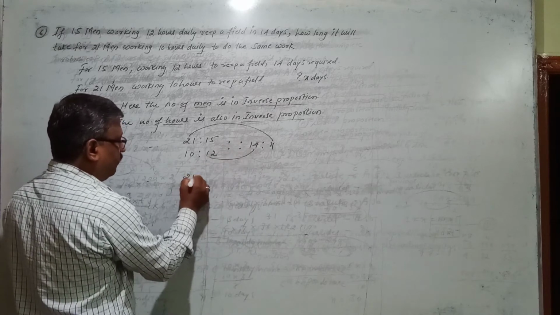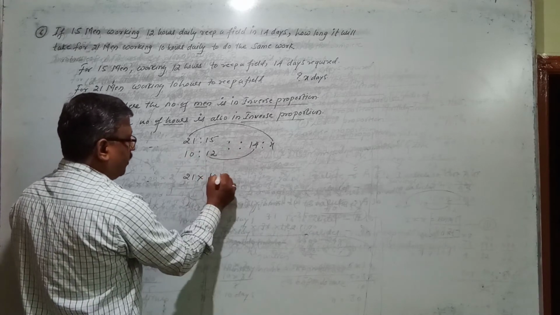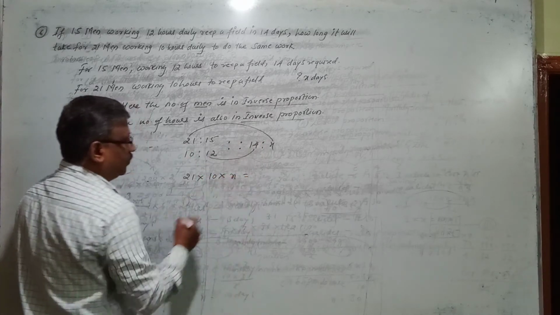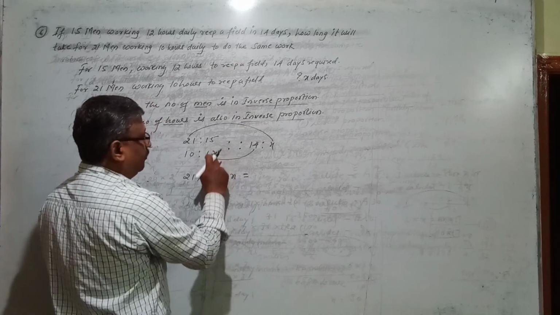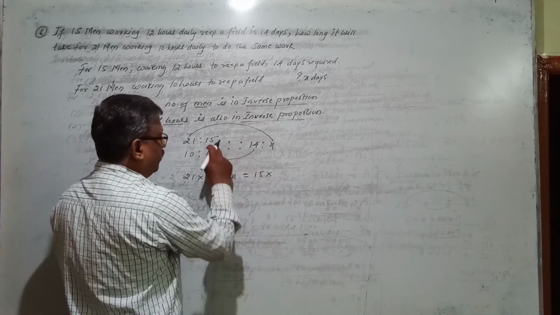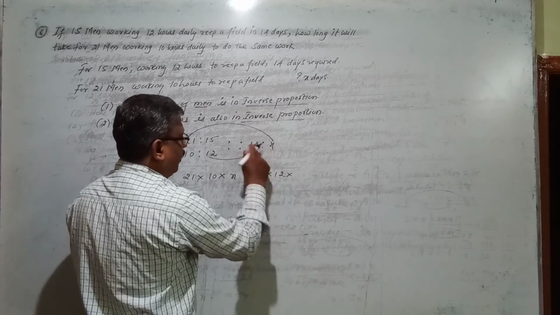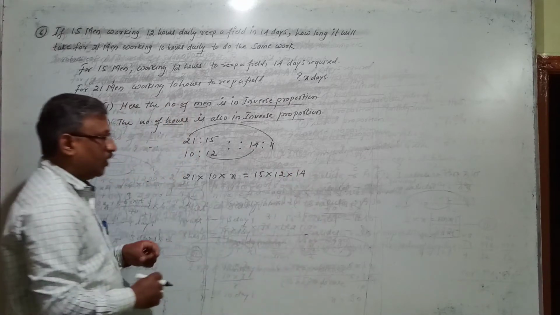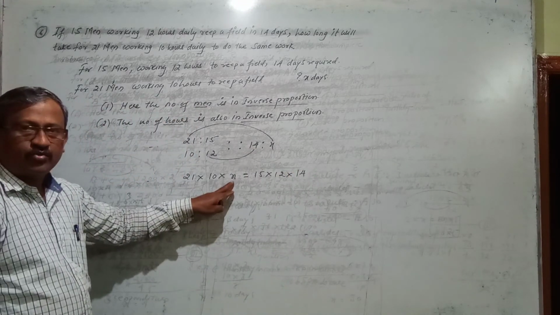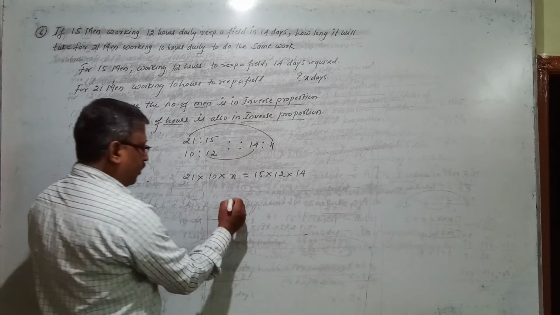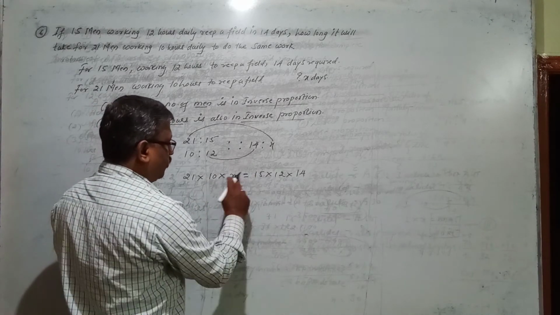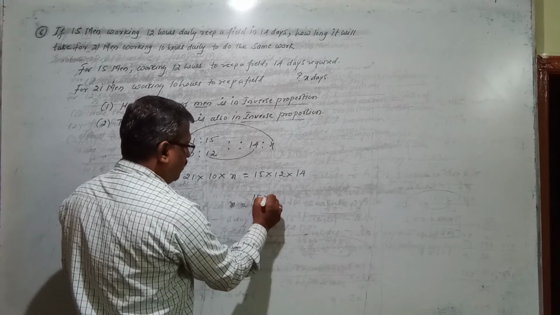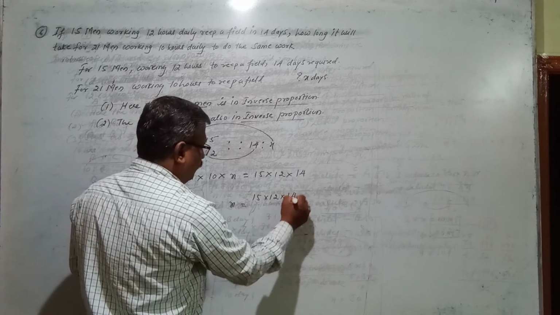So 21 into 10 into x equals my means, 15 into 12 into 14. I want the x value, so straight away bring this x outside. So x is equal to 15 into 12 into 14.